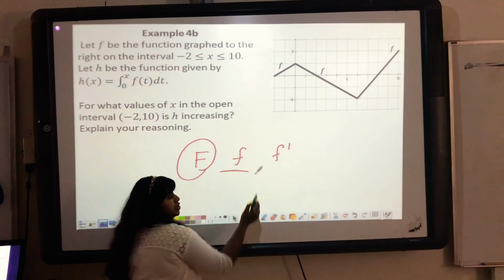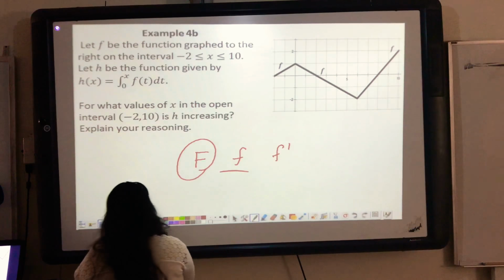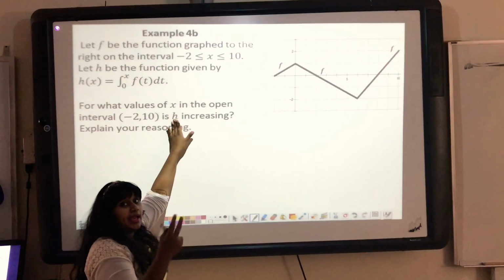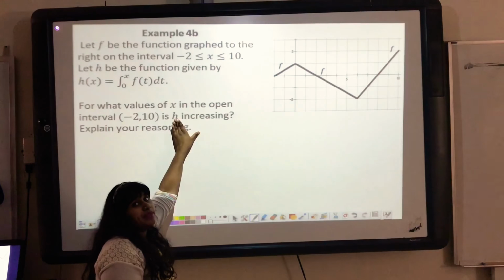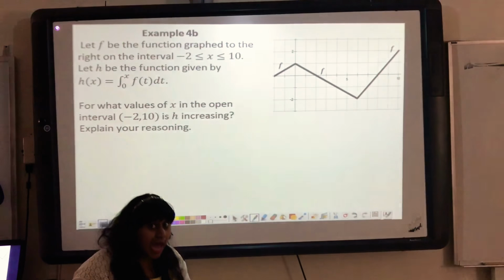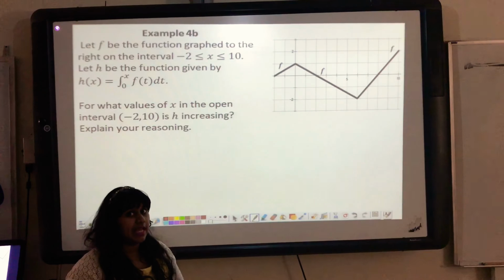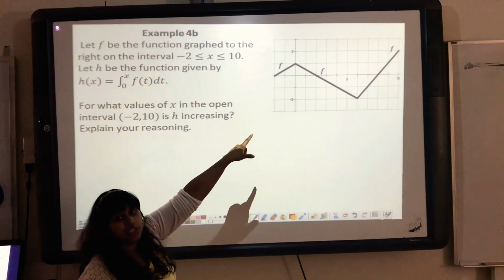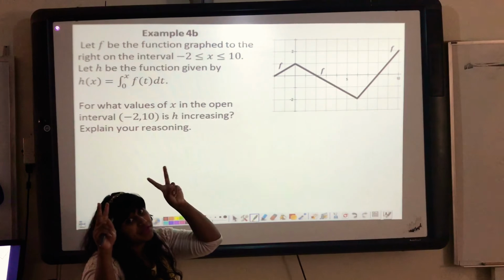So do we look at our function? Yes. To figure out if h is increasing, my first derivative test tells me that my first derivative has to be positive, above the x-axis, greater than 0. So where is my function greater than 0? Because my function is my first derivative.